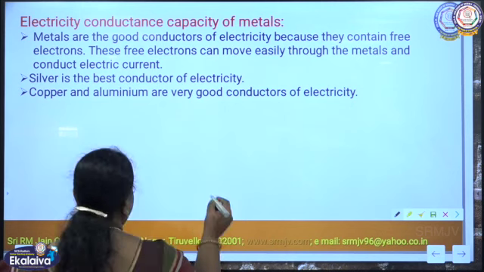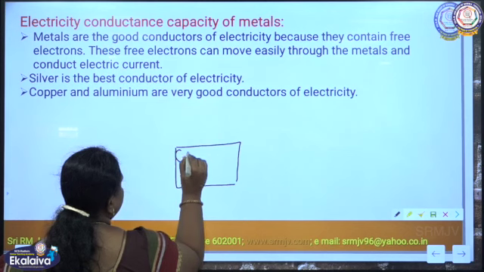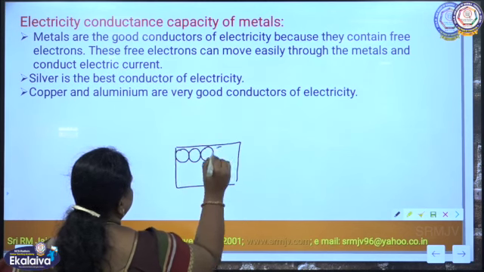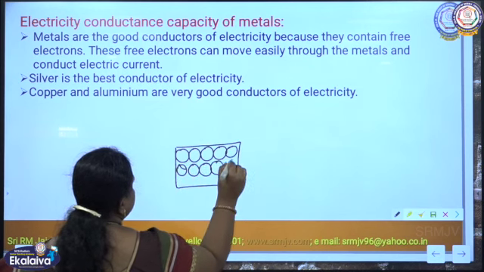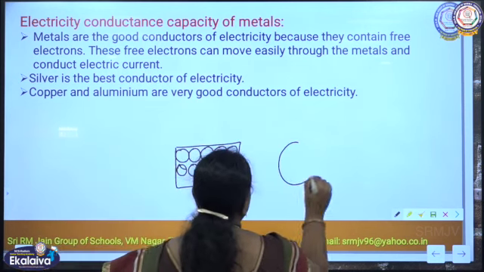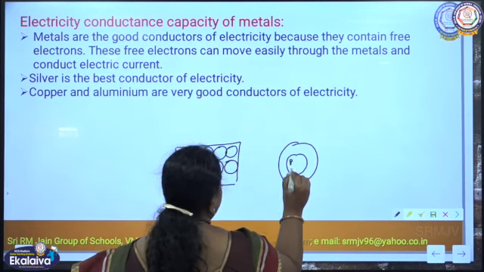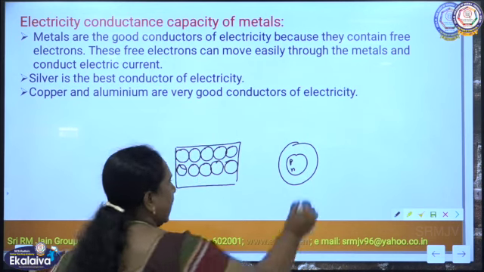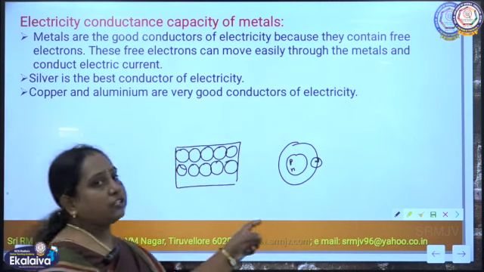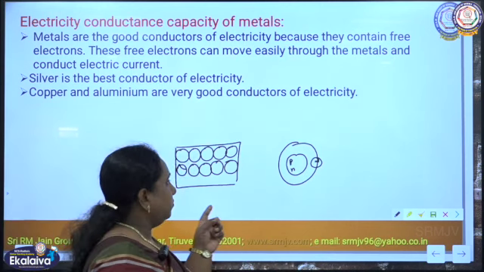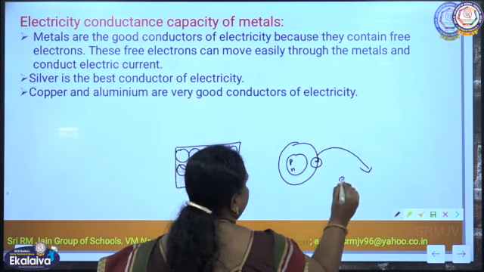For example, if you take any metal, the metal will be having free electrons on the surface. Actually, the atoms are arranged like this. If you take an atom of a metal, it has protons and neutrons inside the nucleus and electrons revolving around. These electrons move out from the orbit by gaining energy.